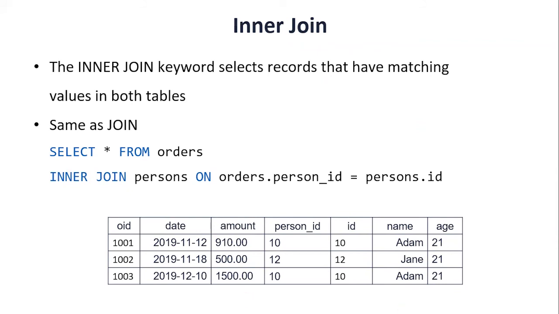Now when we say something like this, select all from orders, this is considered as the left table, whatever the table that we are selecting from. And whatever the table that we are joining, that is considered as the right table. So in this case, only the records that have a match in both left and right will be included in the result.